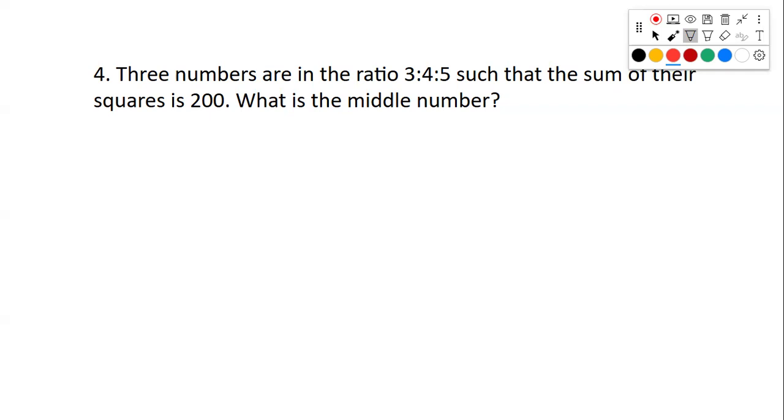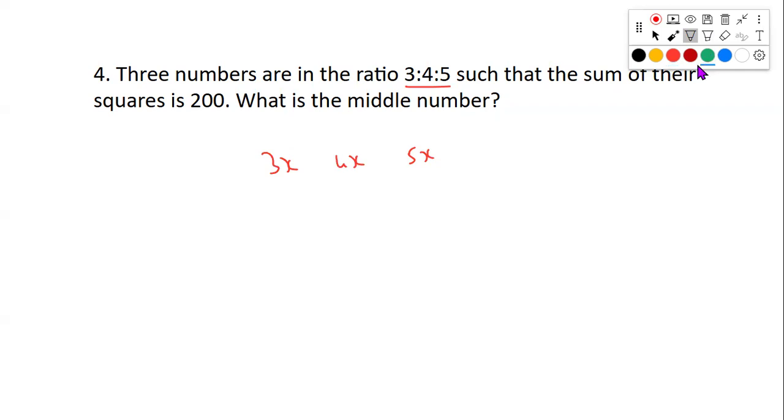Let me write it. Because this is already given, I'm not writing it again, such that sum of their squares. First I am writing 3x, 4x, 5x. 3 is to 4 is to 5 is only a ratio. I don't know the exact value, so let that be 3x, 4x, 5x.